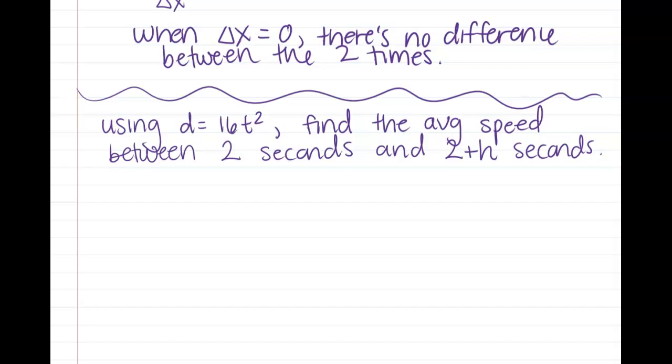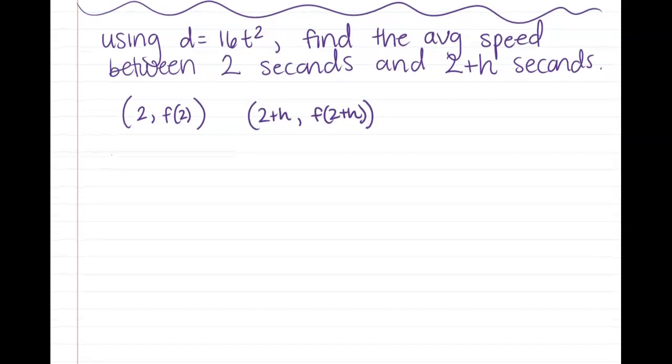Okay? And again, speed is distance over time. So now between 2 seconds and 2 plus h seconds are 2 points that we have, because remember this is really just slope, are 2 comma f of 2 and 2 plus h. So our time was 2, and now our time is 2 plus h comma f of 2 plus h.